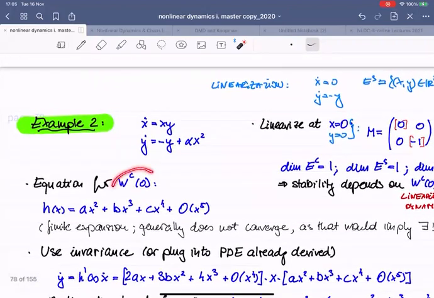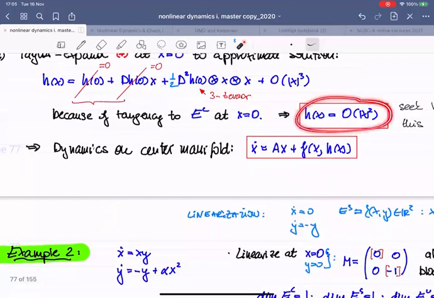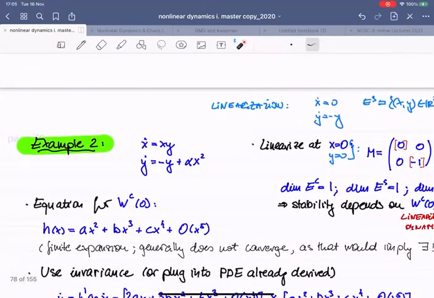What's our procedure for finding the center manifold? We had a general conclusion, that it's a quadratic function over the center type variables. The center type variable x is just one dimensional here, right? So h is a quadratic function plus higher order, but it starts at quadratic of x. So a Taylor expansion for h would be a times x squared, b times x cubed, c times x to the fourth, and so on.